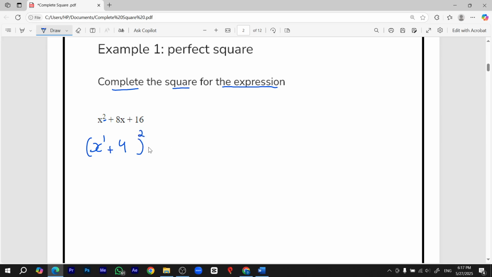Then I put a minus, which is obligatory, and then I square this number. 4 squared is 16, plus 16 equals 0. So the answer is x plus 4 squared equals 0.